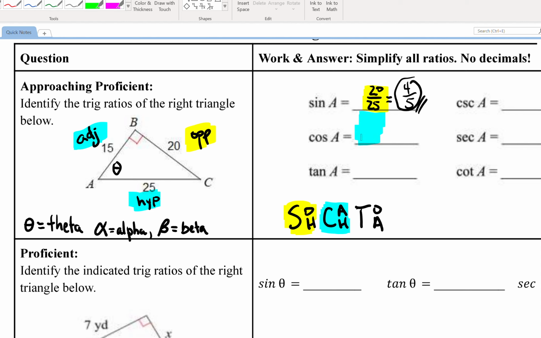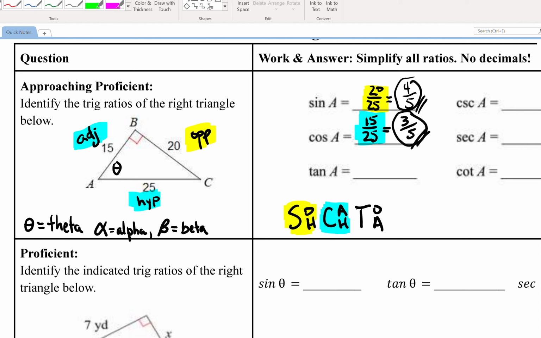And that would then give us the adjacent is 15 and the hypotenuse is 25. And that would simplify, both of those divide by 5. You can, again, do it on your calculator. You can do it in your head. Both those divide by 5, you get 3/5. And so that would be the simplified ratio in this case.